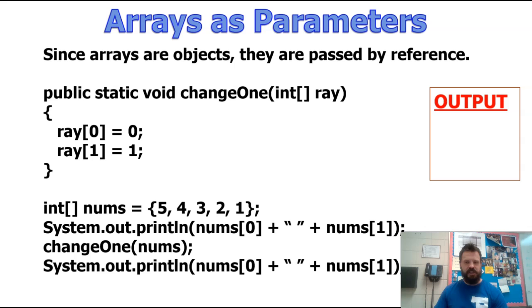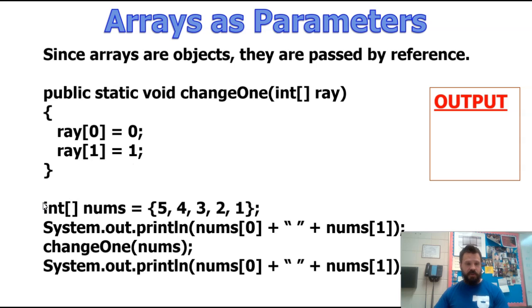Now there's a few things we need to remember about arrays, just like we do with any object, especially when they're being passed as parameters. Since arrays are objects, they're passed by reference. So let's say I have this method here, change1, which accepts as a parameter an int array called array. And what does that method do? Well, it resets whatever we pass in at index 0 to 0 and at index 1 to 1.